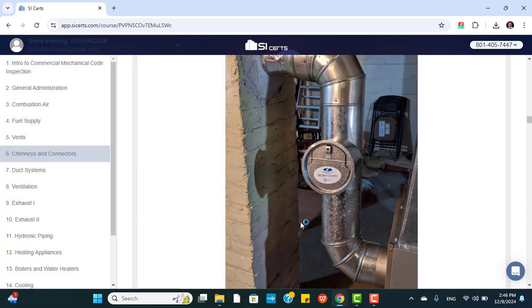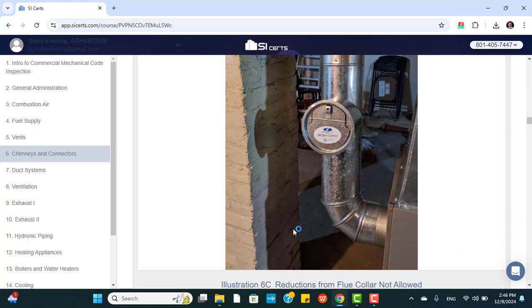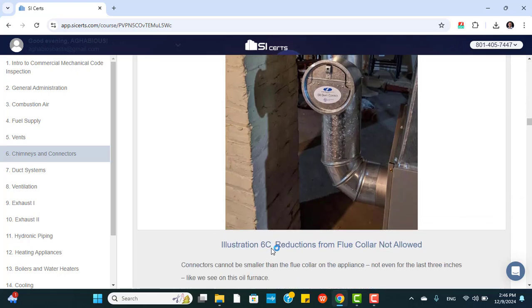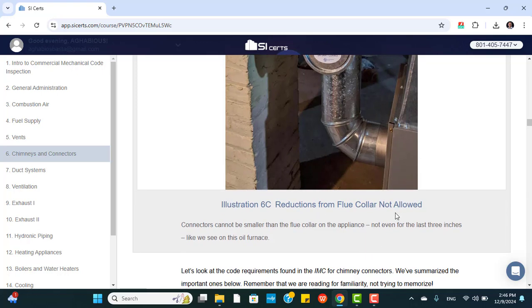Here's a barometric draft. Illustration 6c, reduction from the flue collar not allowed. The connector can't be smaller than the flue collar on the appliance, not even for the last 3 inches, like we saw on the oil furnace.